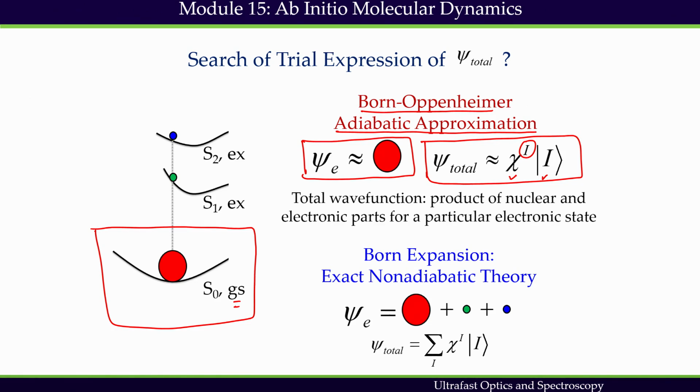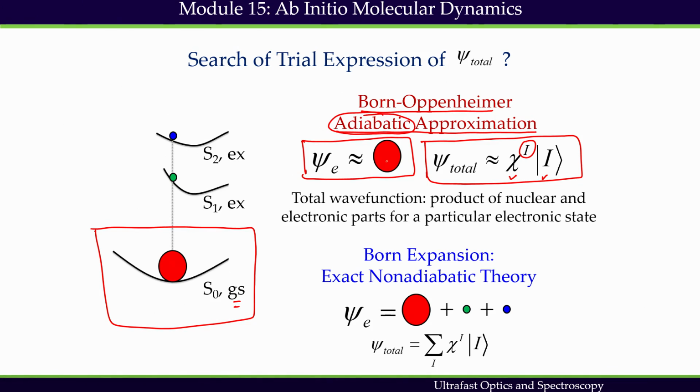Under the adiabatic Born-Oppenheimer approximation, we stay blind to the other electronic states. We stay in a single electronic state, and this is why we preserve the electronic configuration. Preserving the electronic configuration in molecular quantum mechanics refers to the adiabatic approximation. So when you say adiabatic approximation, it means that we are maintaining a particular electronic configuration.